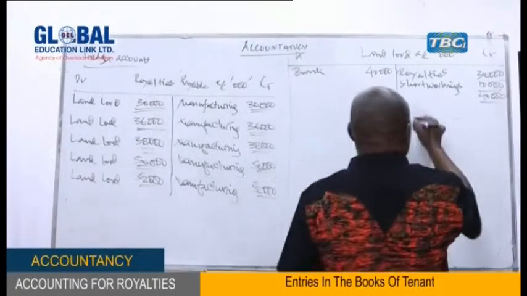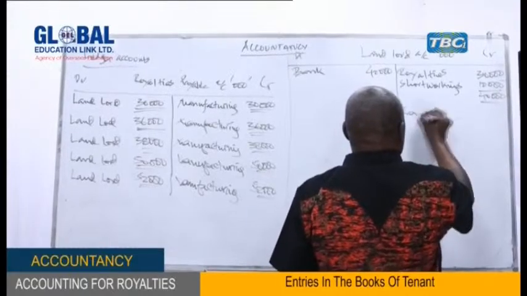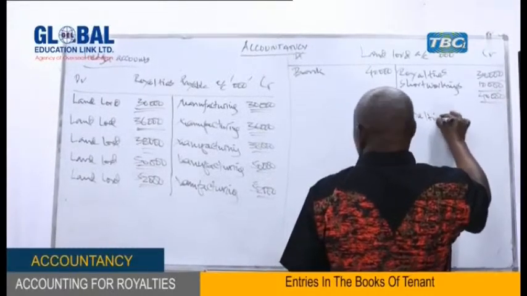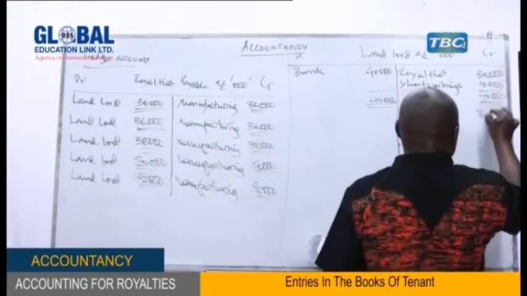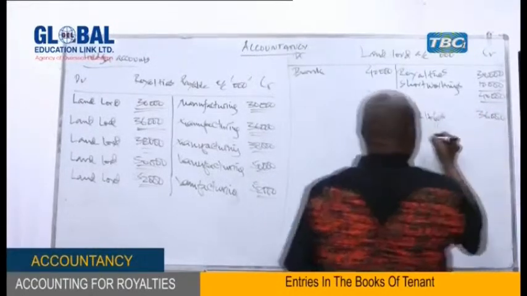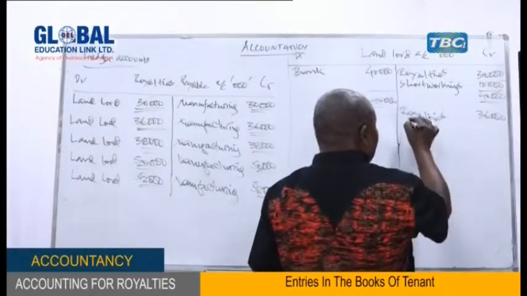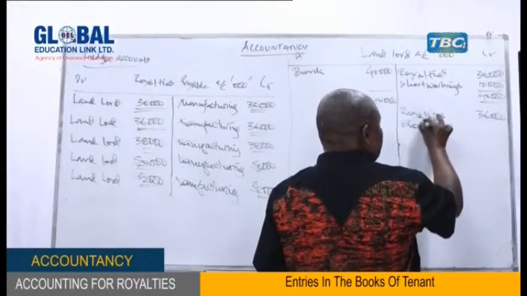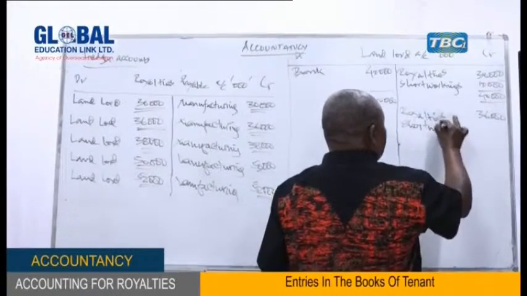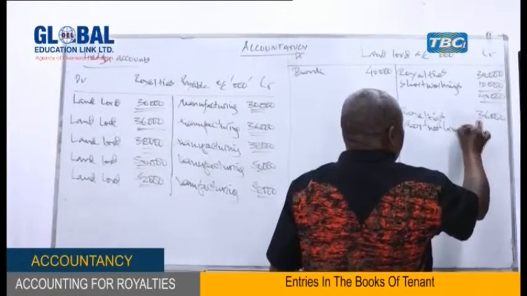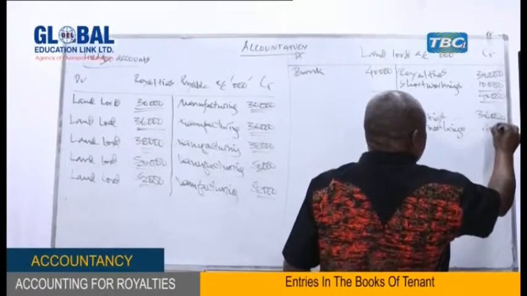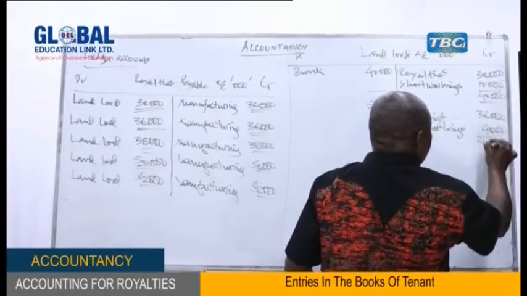So 2016, royalties were 36. Then short workings 4,000. Total 40.